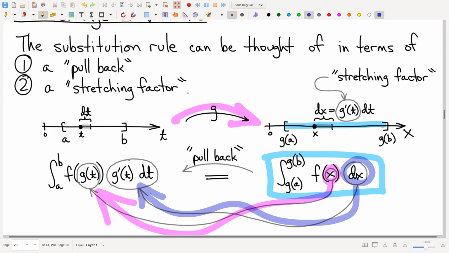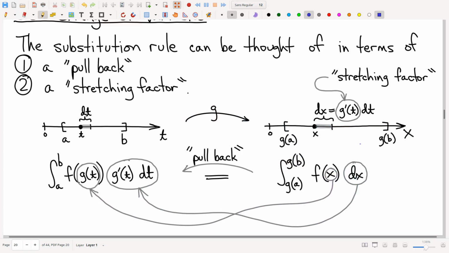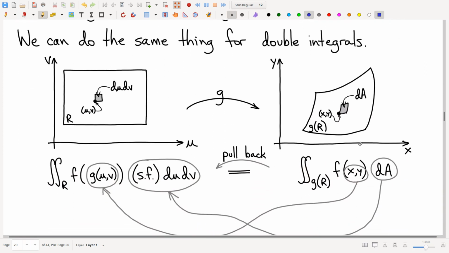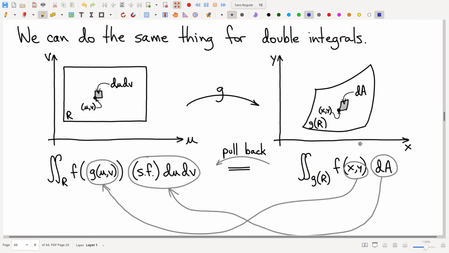Okay, all right, so with all of this in mind, let's now do the same thing in a multivariable setting. Here we go. Same idea for double integrals. Right now we're going to start off presuming that we have a function. This is what we're going to call a change of variables function. This method that we're about to employ is called the method of change of variables.